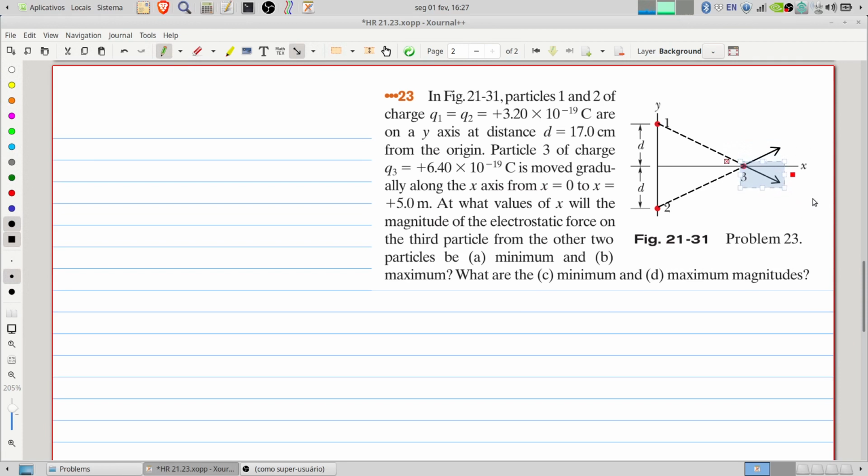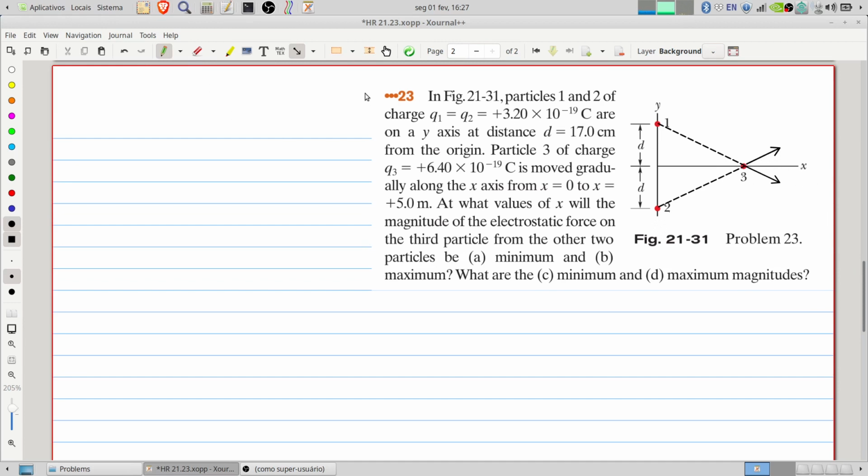We know that the magnitude of the force will depend on the product of the charges and will be inversely proportional to the squared distance between the charges.